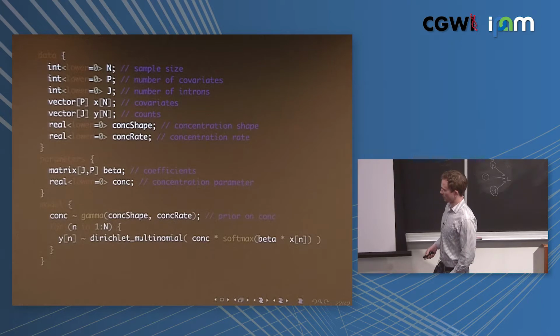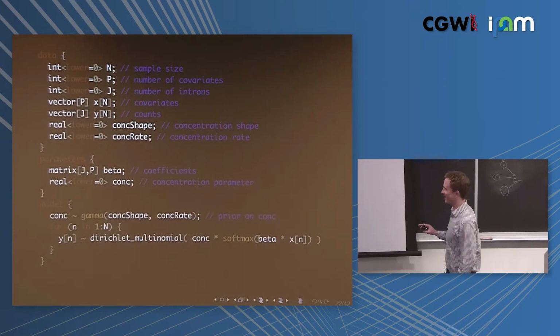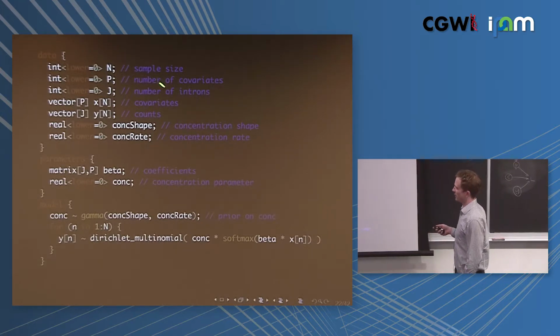What does one of these programs look like? This is a slight simplification of the directional multinomial GLM. You need to tell Stan what inputs it's going to get: the sample size, the number of covariates, how many introns there are, and the actual input data, so covariates and counts.